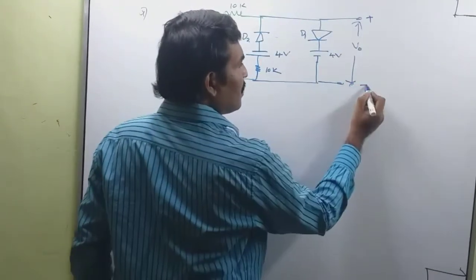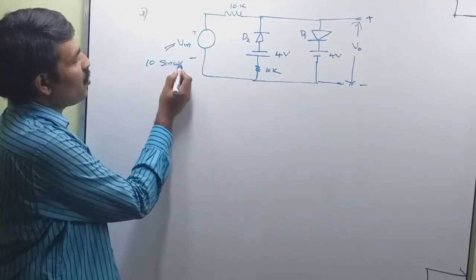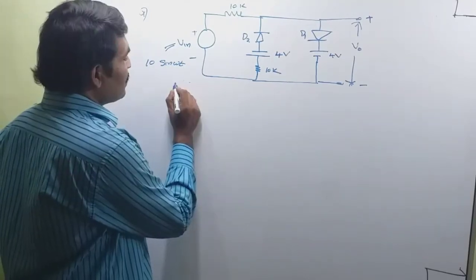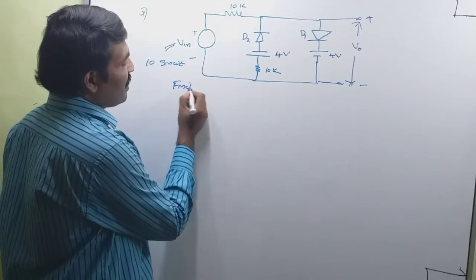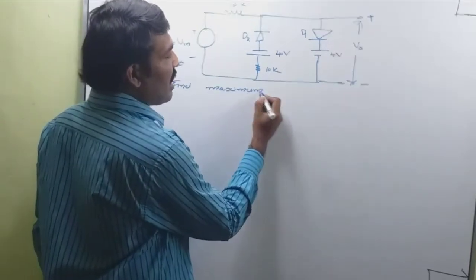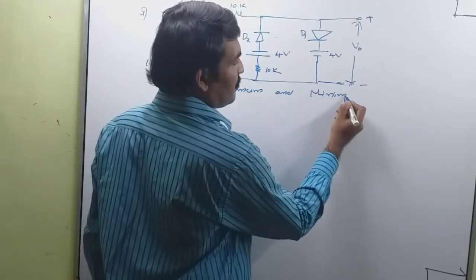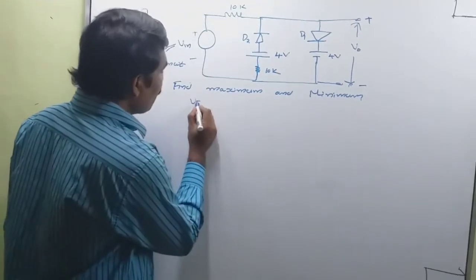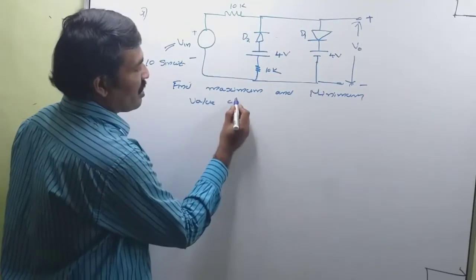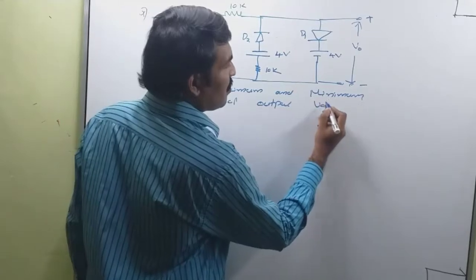The input is given as 10 sin omega t. The question is to find the maximum and minimum value of output voltage.